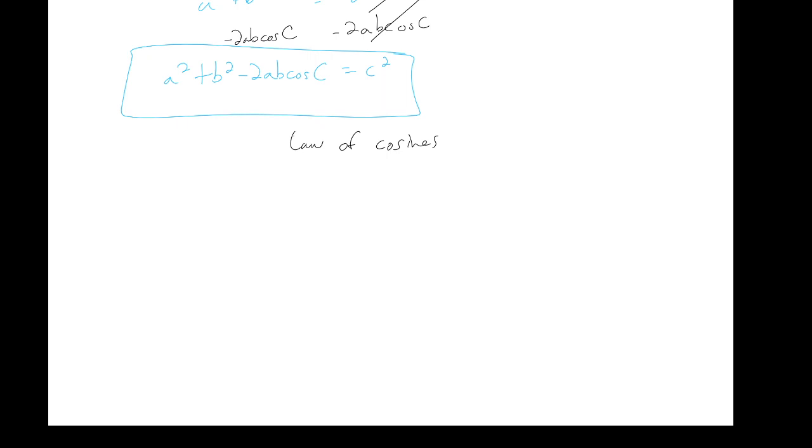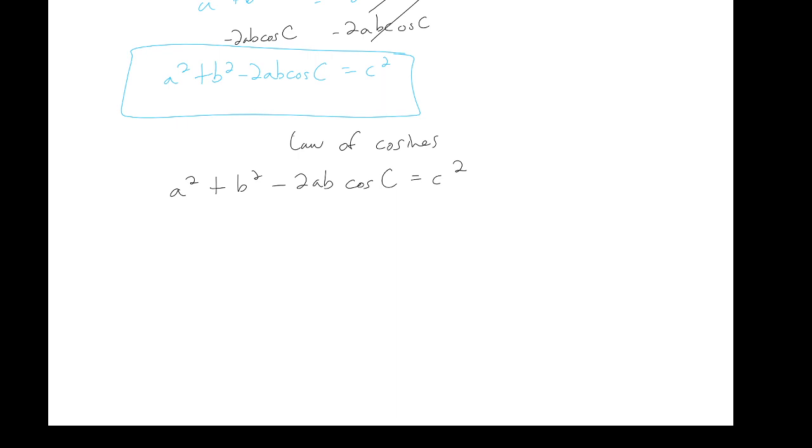So, law of cosines. We could have a squared plus b squared minus 2 times those 2 sides times the cosine of c is equal to c squared. That's one way to go about it.